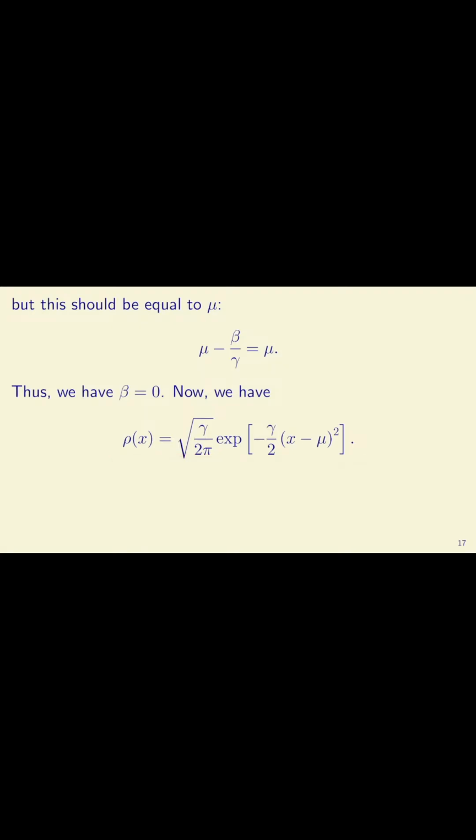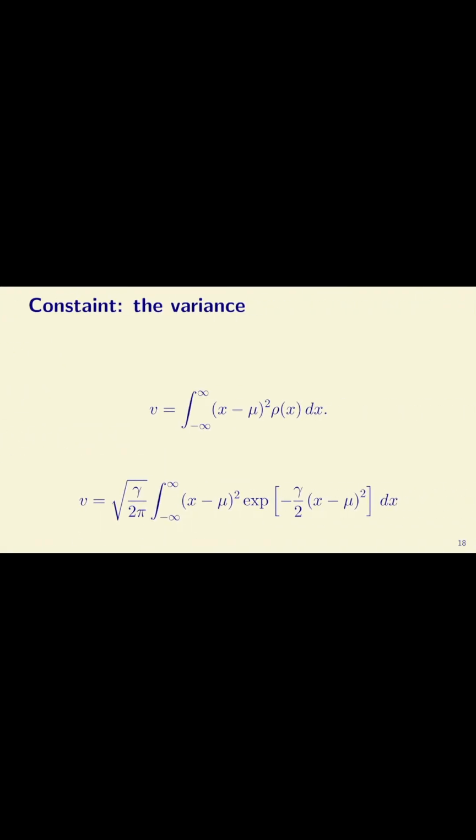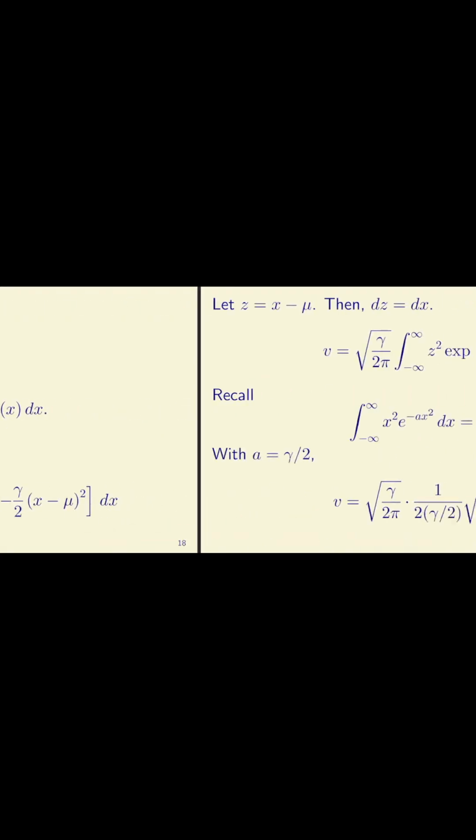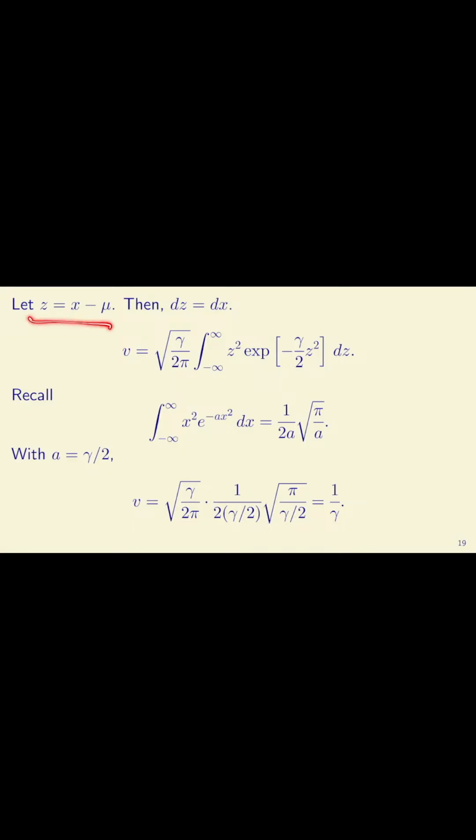One last constraint, the variance. Indeed, the variance constraint is this. Substitute the current form of rho of x, we have this expression. Let z equal x minus mu, then dz is dx. The integral becomes this.